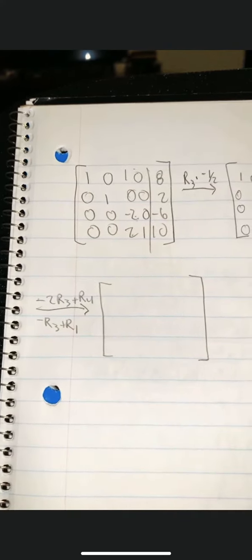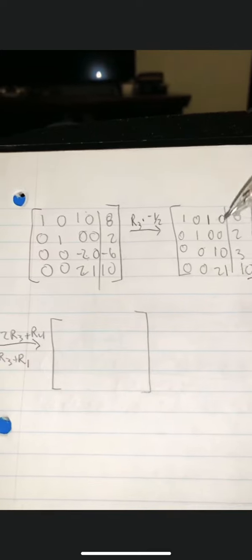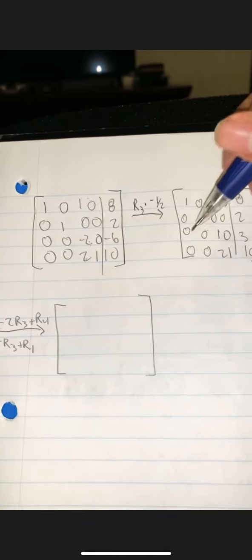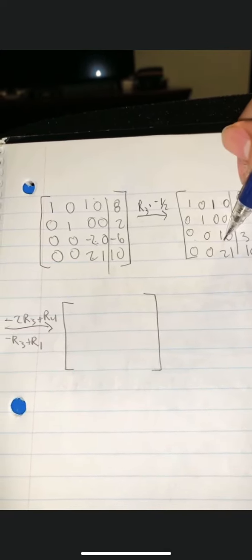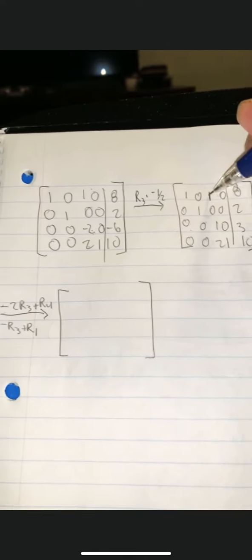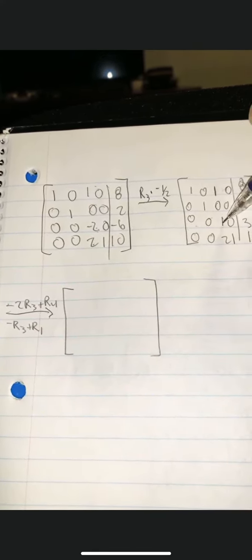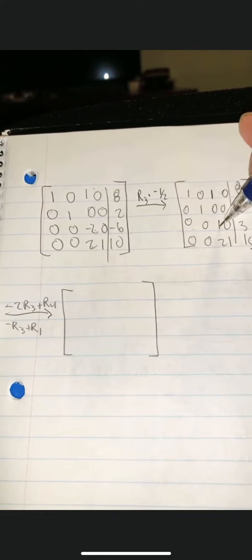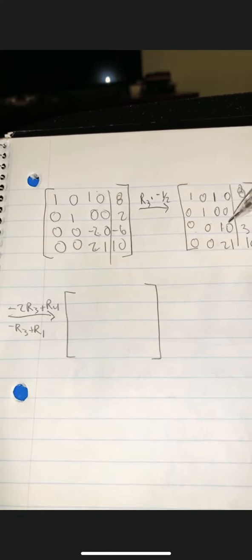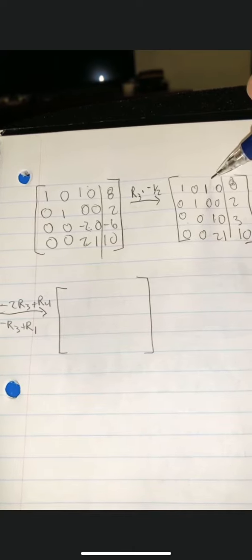So what we're doing, we are going to be multiplying negative 2 to row 3 and then adding row 4 so we can get this a 0, and then we're almost done. We need to get this to be a 0, which would be multiplying row 3 by negative 1 and then adding it to row 1, and then we're done. So I will still show the work anyways, and it'll look like this.